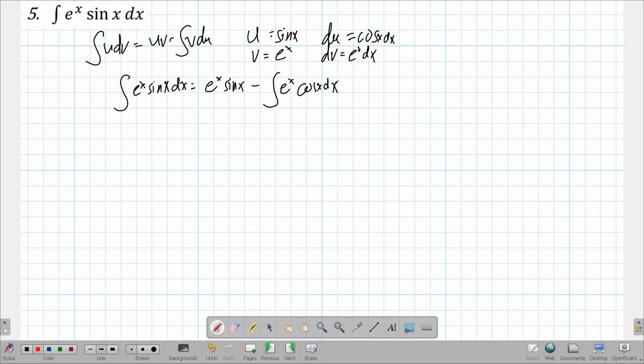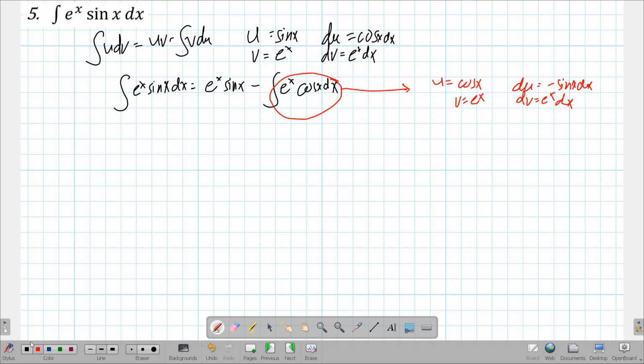So, we'll separate this one out here. And following the pattern that we already have above, we're going to assign u to cosine x while dv to e raised to x dx. Hence, du becomes negative sine x dx, while v simply becomes e raised to x.